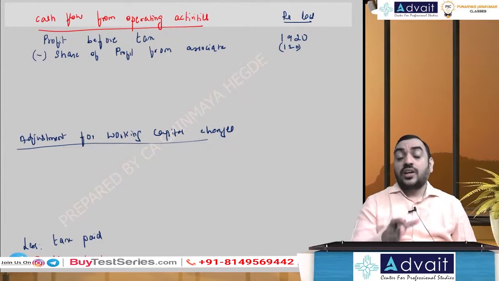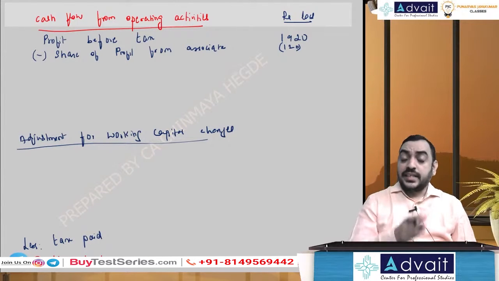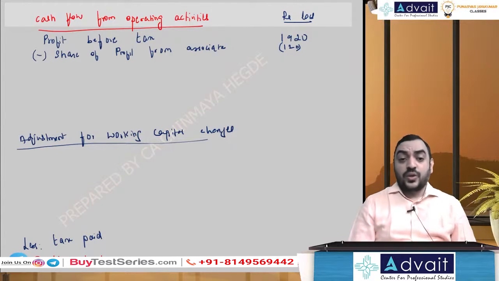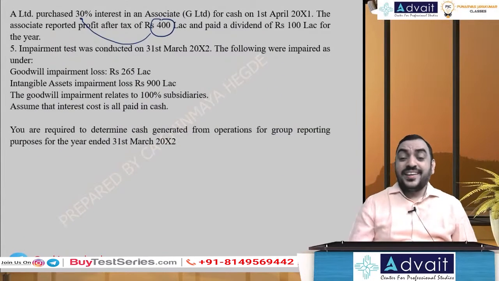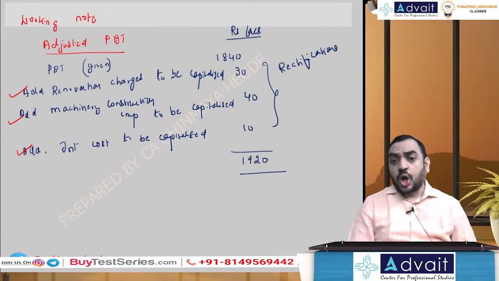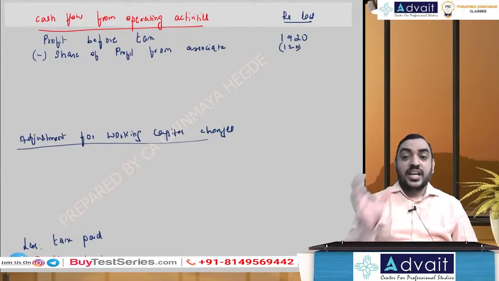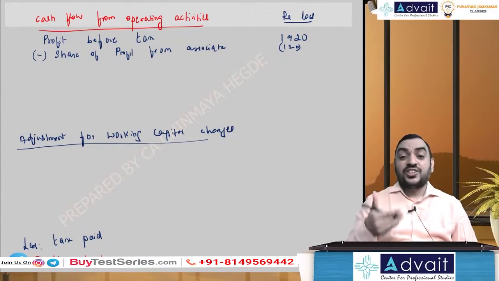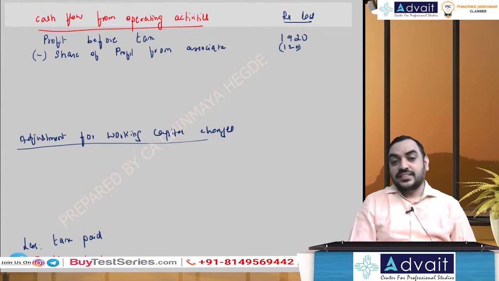Because it is not an operating income, it is an investment income. And you have not received the entire 120, you would have received only a dividend of 100. So this will come in the investing activity. Here we are not writing it, but if you prepare investing activity, there you write dividend received from associate, 100 lakhs.